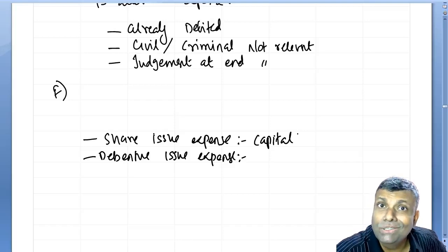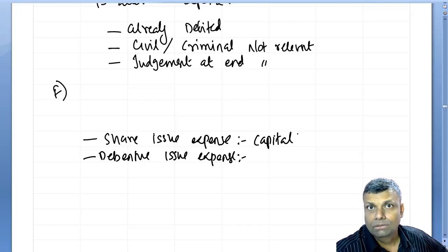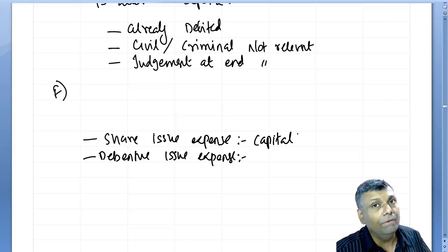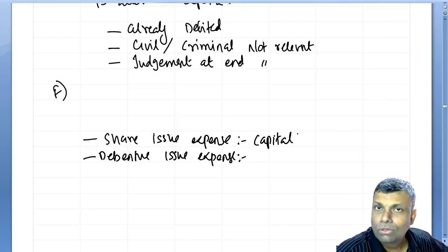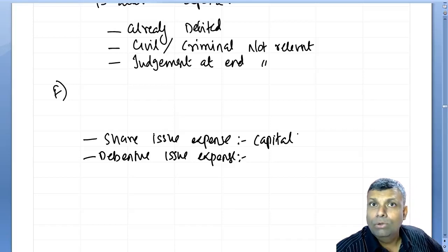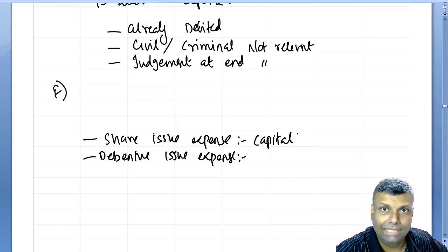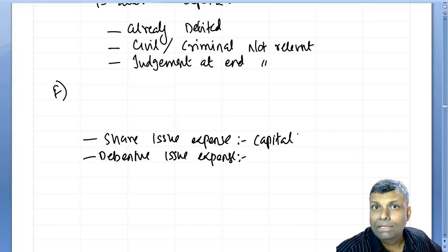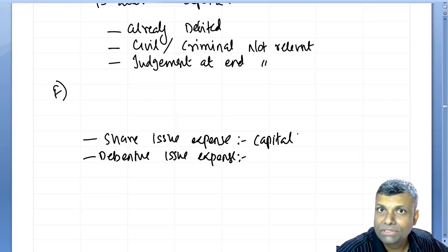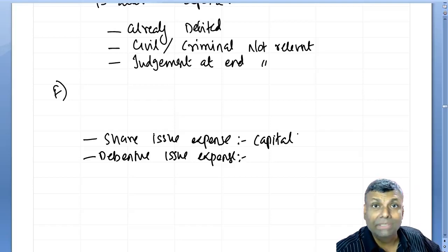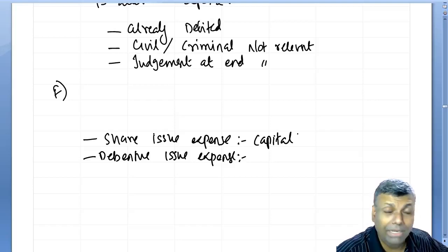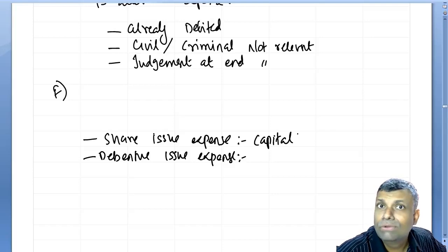But if it is a debenture issue expenditure, you are again going to enjoy the money, but you have to repay it. It is repayable funds. So you don't really enjoy the money; actually, you are paying interest on it, incurring a debt. This money is for the business purpose, and the test of capital, I repeat, the test of capital: do you get infinite life for the capital?